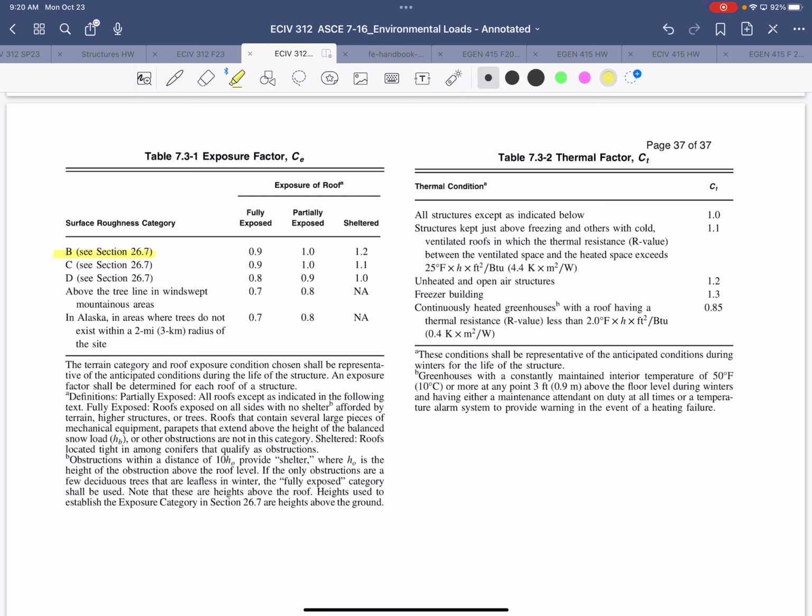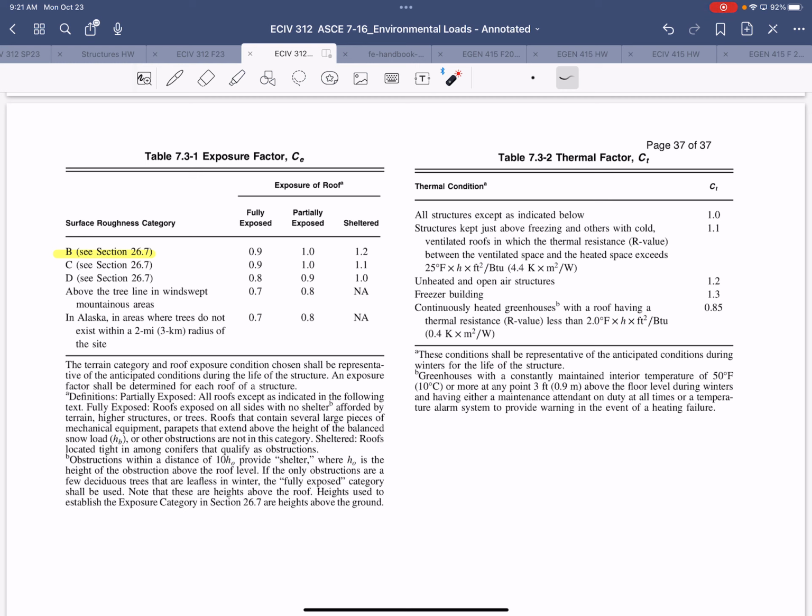And notice that, I think we talked about this before, even though the roughness categories are the same that we use for wind, the worst case scenario was exposure D. For snow, it's the opposite. The worst case scenario is exposure B, because the more sheltered, or the less exposed it is, the less likely it is that wind will be able to blow the snow off of the roof.